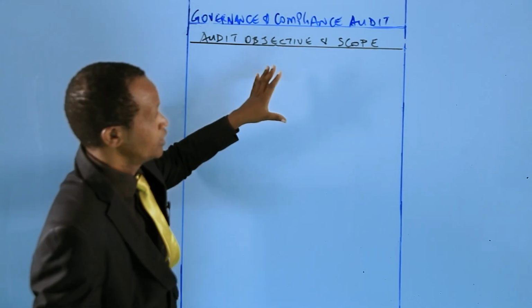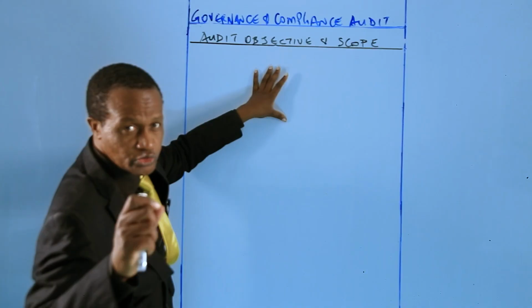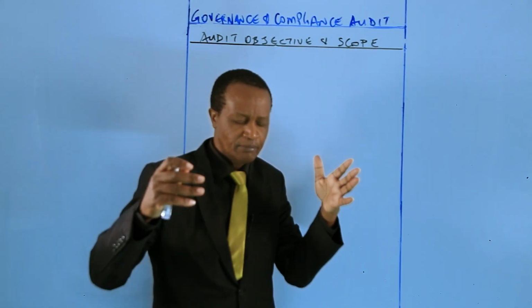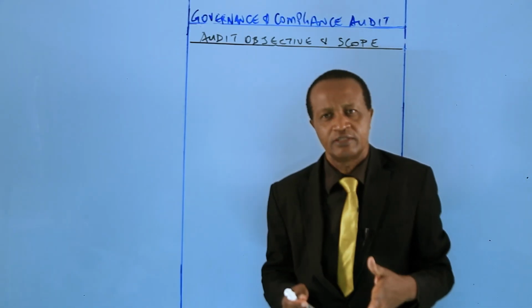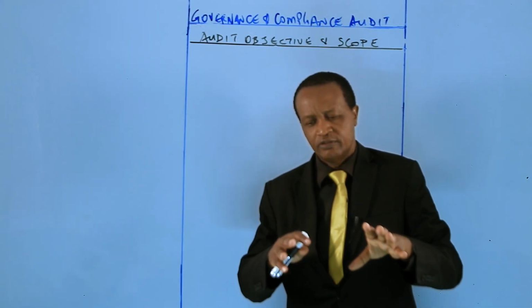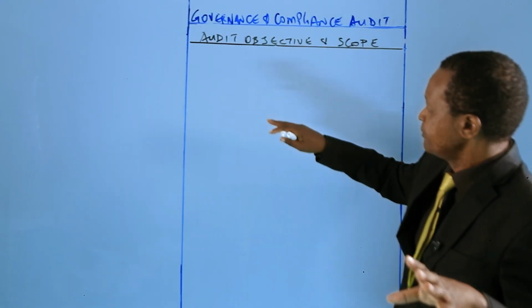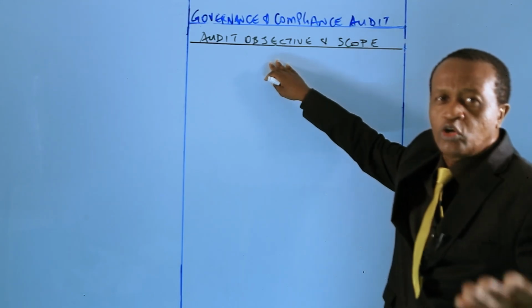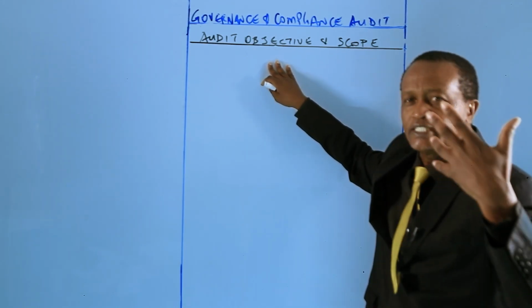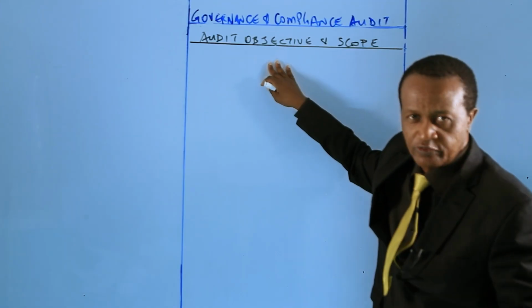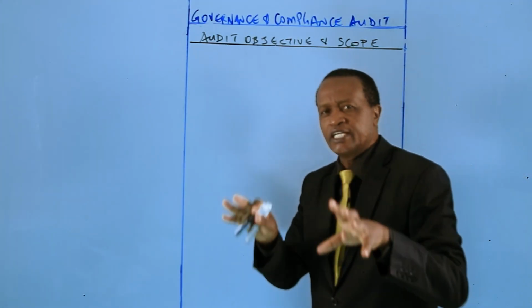These two are very crucial steps in planning a governance and compliance audit, because determining the objective and scope sets the direction for the entire audit engagement.